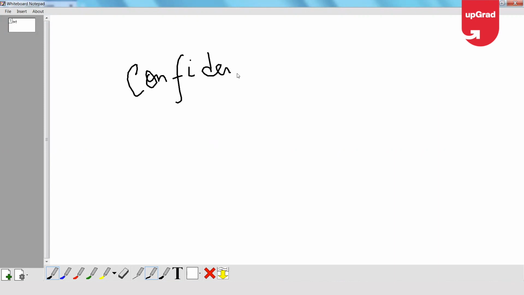So now we have understood null and alternate hypothesis. So let's understand confidence interval in a bit more detail. So what is confidence interval?